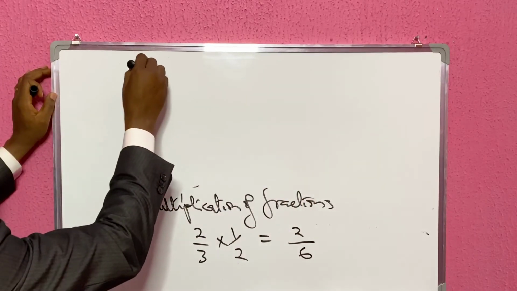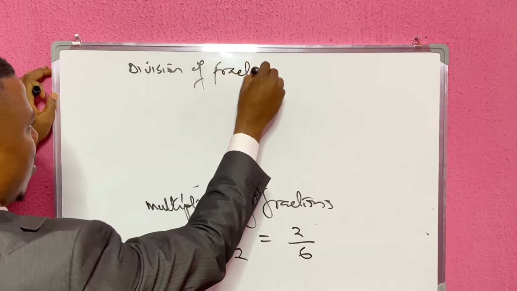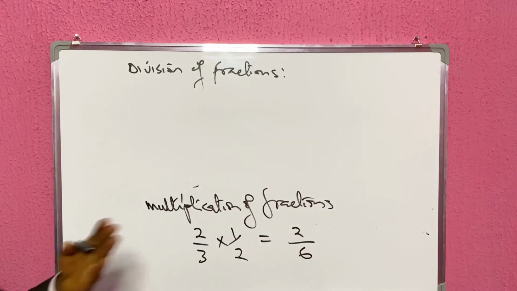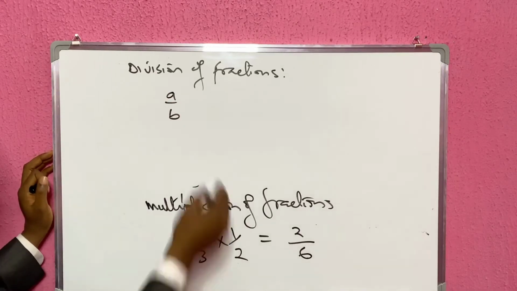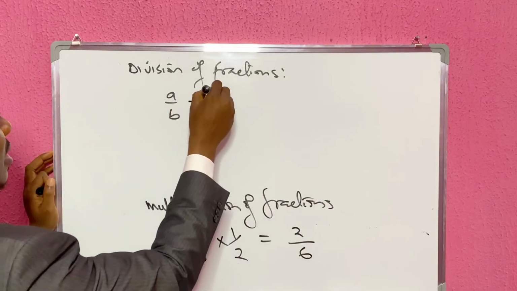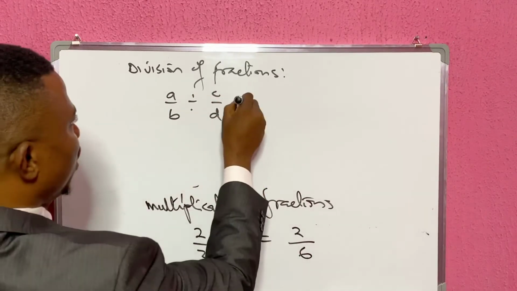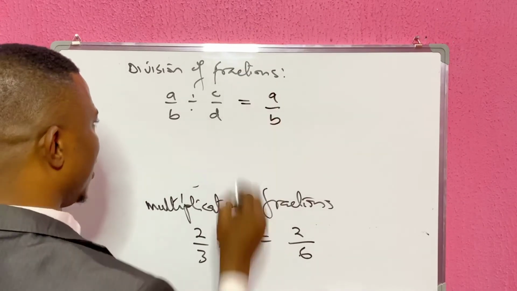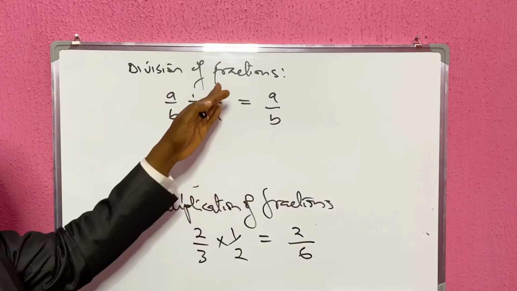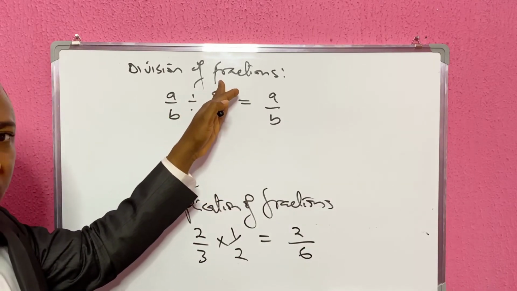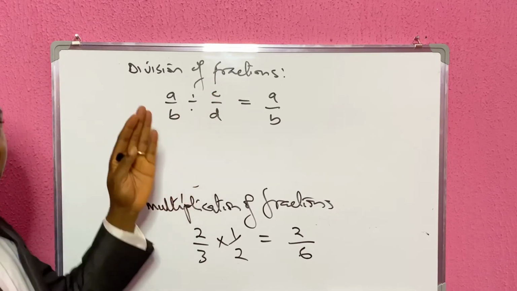Then, division of fractions. While dividing fractions, for example, A over B is a fraction divided by C over D, another fraction. What you do is, you interchange the numerator and the denominator of the divisor, then multiply.